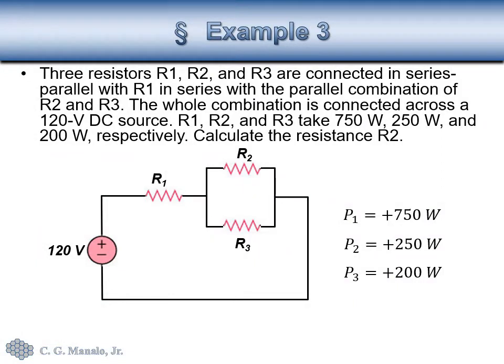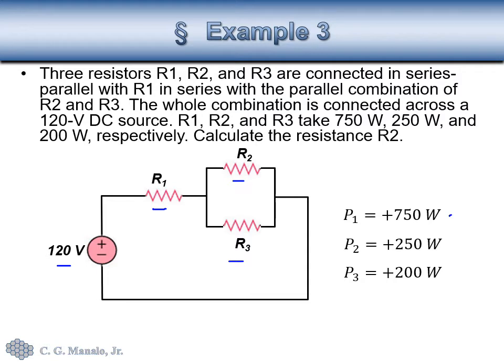In this example, we have three unknown resistances. Two of those resistances are connected in parallel, and their combination is connected in series with another unknown resistor, R sub 1. And this whole thing is connected to a 120 volt source. The values of these resistances are not given. However, their power consumptions are given.